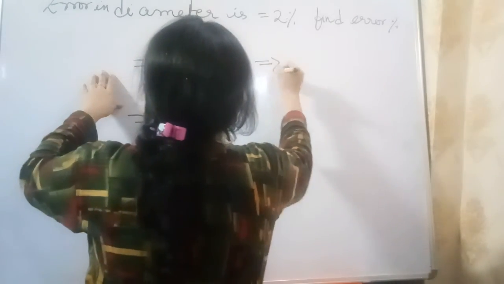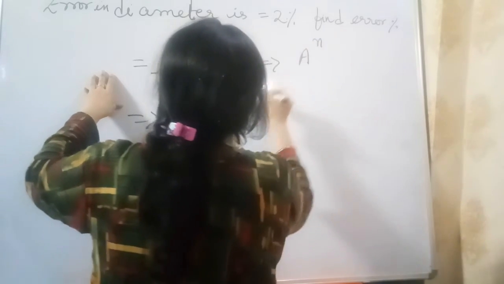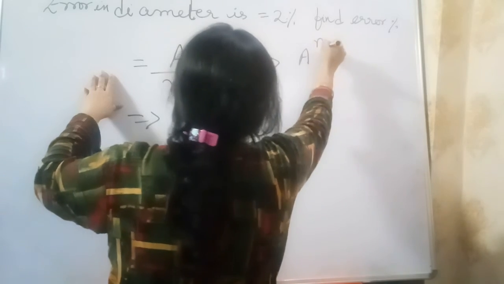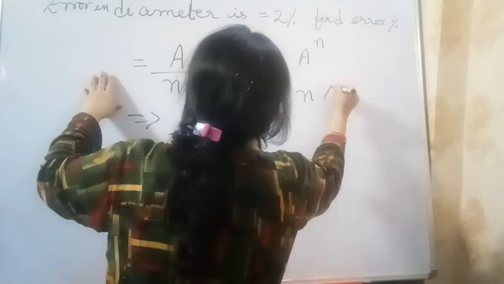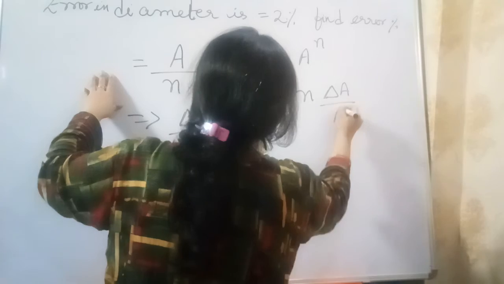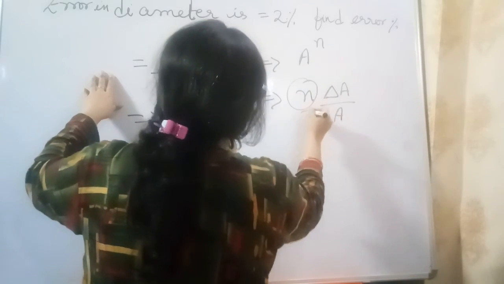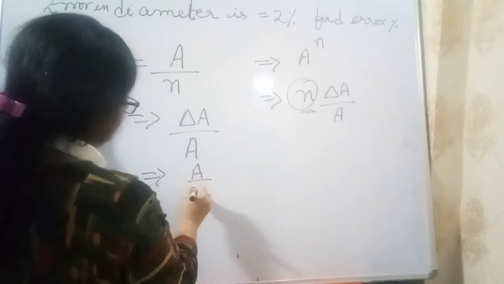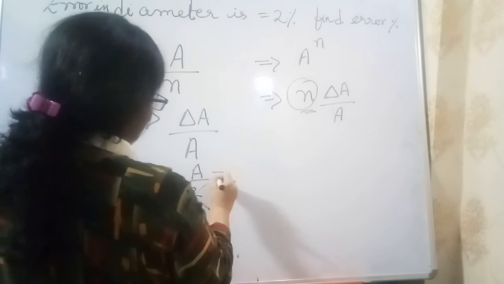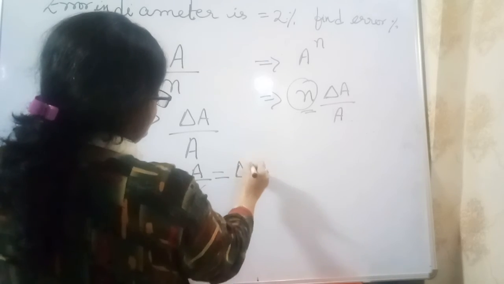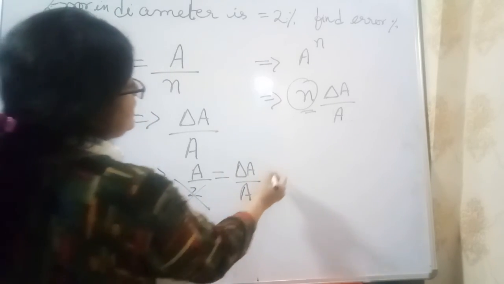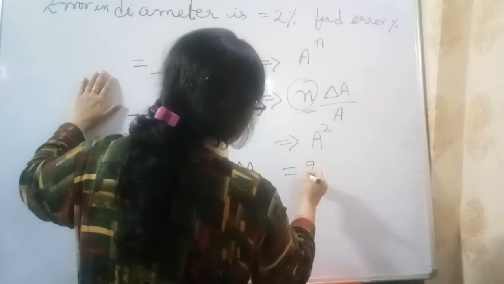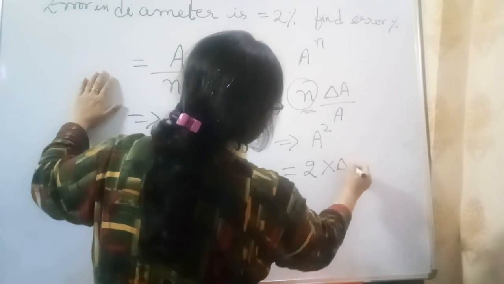But if we have a to the power n, then in error analysis, for example here we have n, then we calculate n delta a over a. Okay, in this case we multiply that. Just as if a by 2, there is no need to divide by 2. We have only delta a over a. But if we have a to the power 2, then in error analysis we multiply it by 2 into delta a over a.